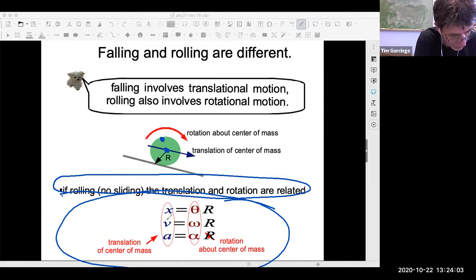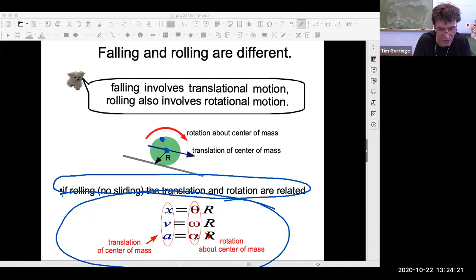Over here, x, v, and a, those are the quantities that describe translational motion. And in this case, the translational motion of the center of mass. Over here on the right, theta, omega, and alpha, they're the quantities that describe rotational motion. In this case, the rotational motion of the rigid body.